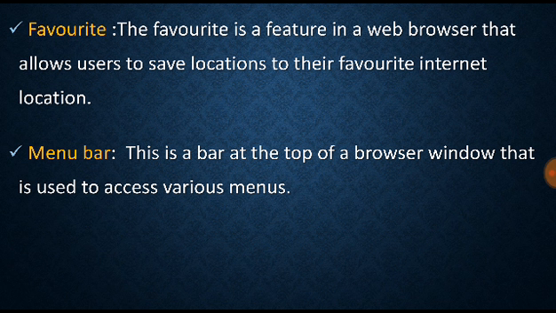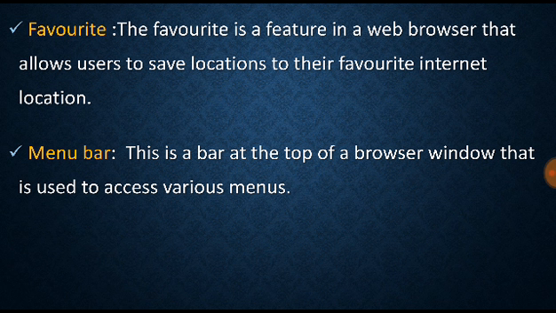So whenever you visit a web page and see that the information there is very important to you, you can use favorite to save that web page or website as an important location on your browser, so that in case you want to visit the same page, you just click on the favorite button, search for the saved websites or web pages, and click on it to visit the same page again.